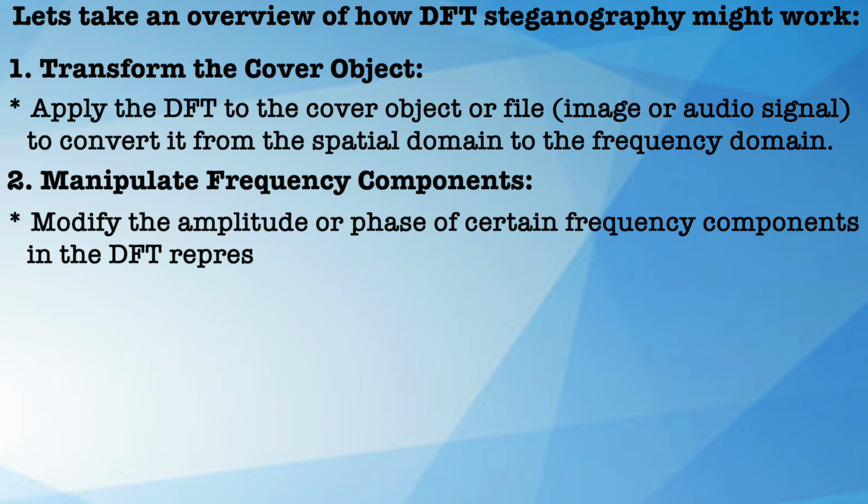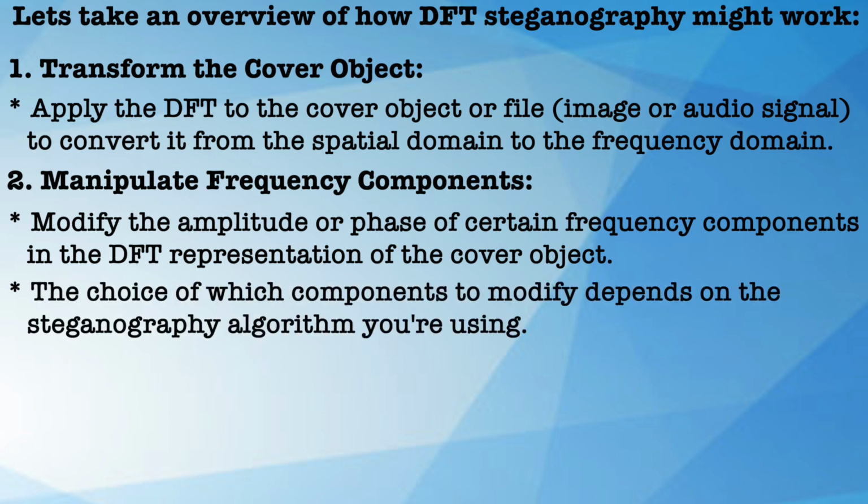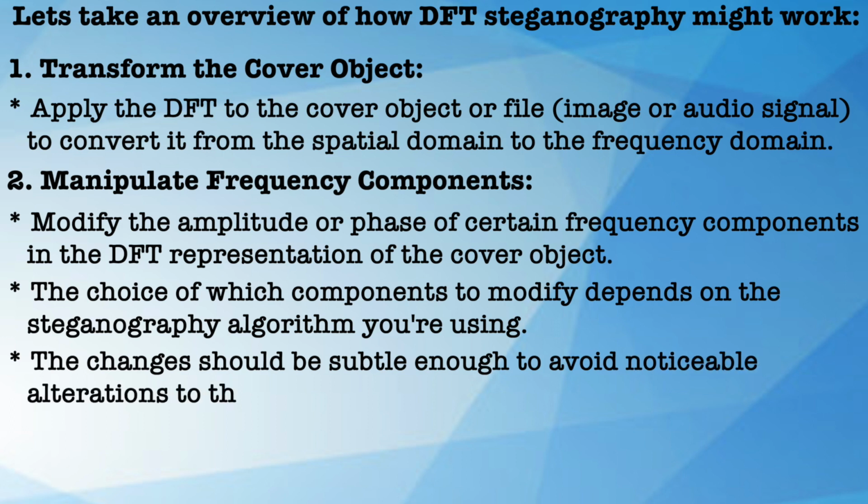Modify the amplitude or phase of certain frequency components in the DFT representation of the cover object. The choice of which component to modify depends on the steganography algorithm which we are using. The changes should be subtle enough to avoid noticeable alteration to the cover object.